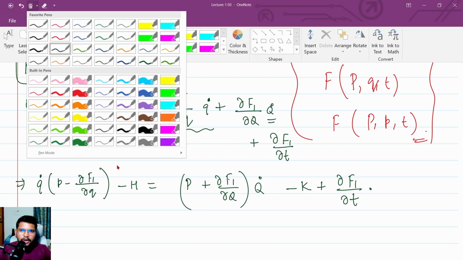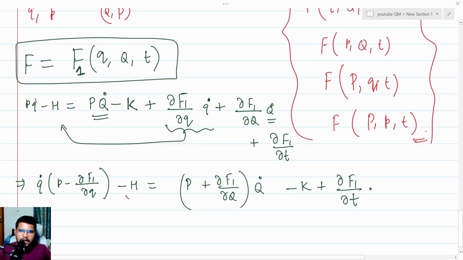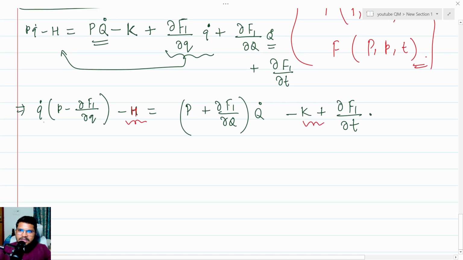What I want to understand is that there is some kind of transformation happening between H and K. From there, I will devise that whatever coefficients we have in terms of q dot or maybe Q dot have to be 0 in order to get the complete transformation between H and K. There should be just only H, K and del F by del t. Therefore, the coefficient of q dot and Q dot over here has to vanish.